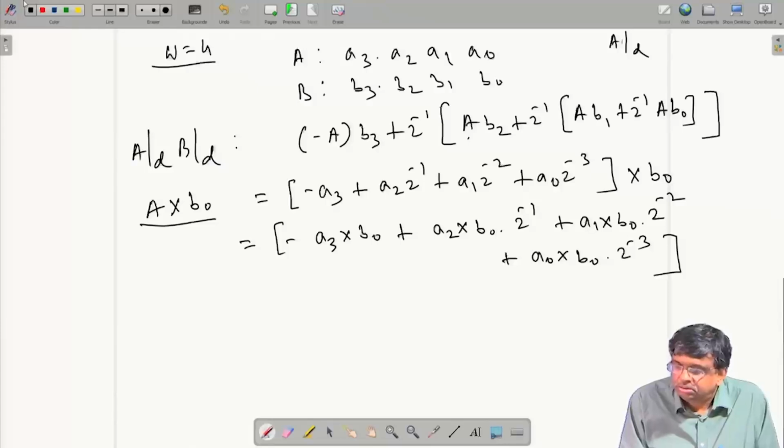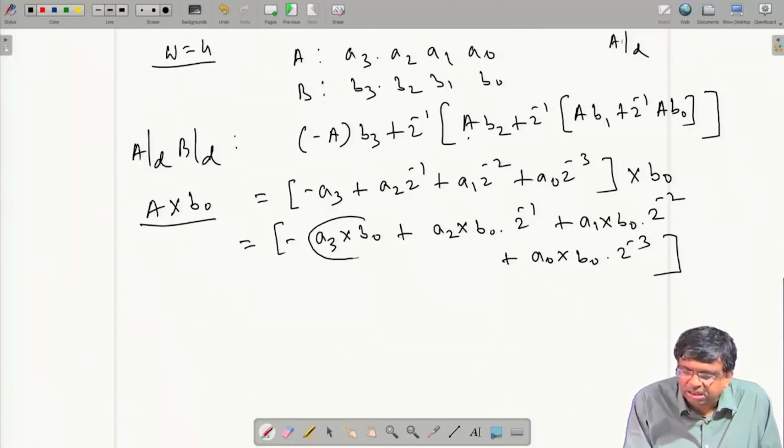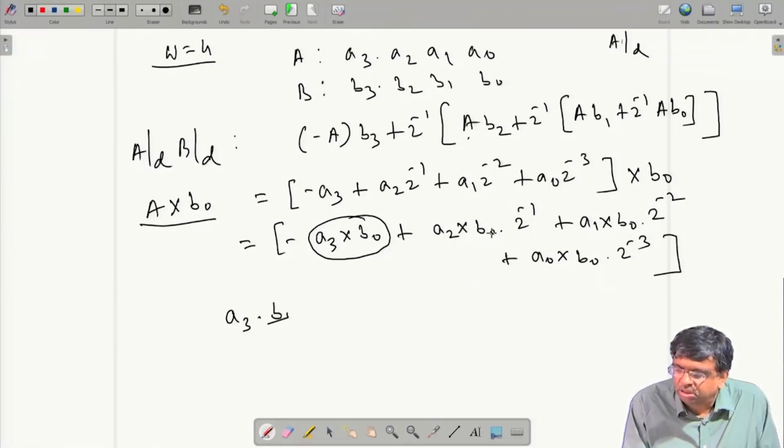That means this is a decimal expression, and this corresponds to a binary word. What word? This is decimal digit A3 into decimal B0. In the binary domain it will be binary A3 dot binary B0. Here it is decimal A2 into decimal B0; in the binary domain it will be A2 dot B0.